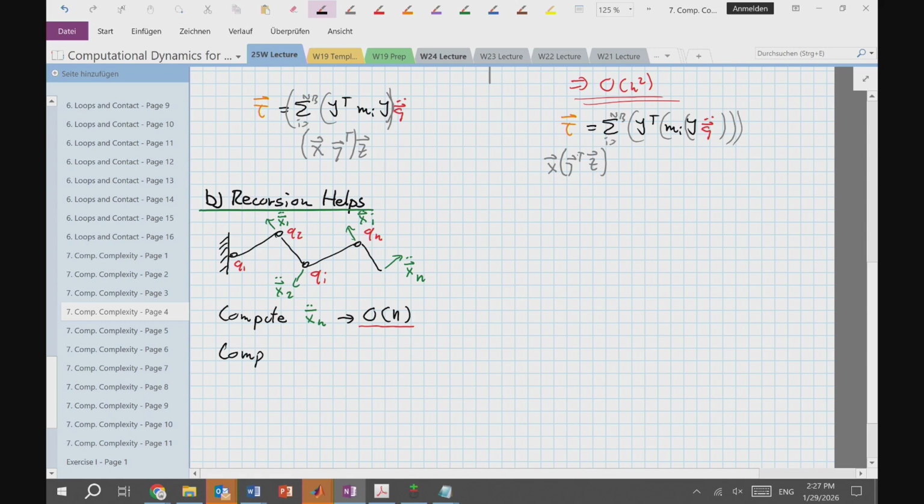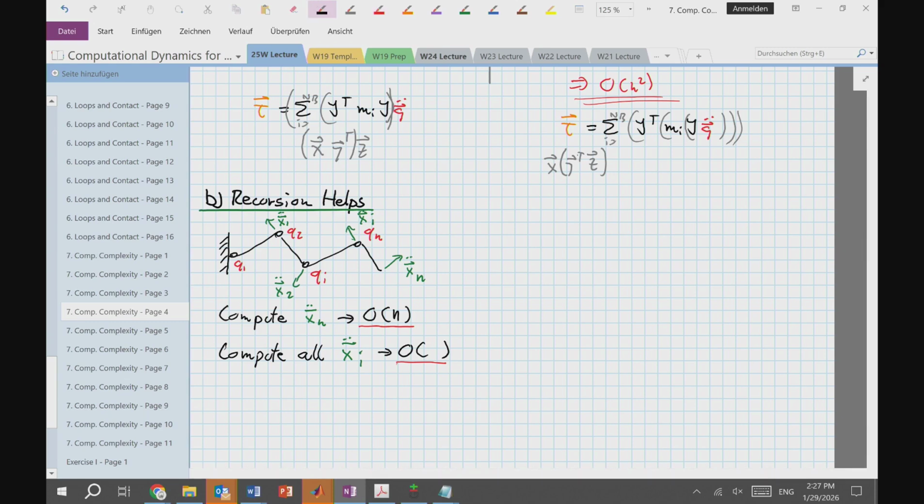What would be the computational complexity of computing all of these accelerations, right? If computing one is order n, what is the computational complexity of doing all xi? Also n.